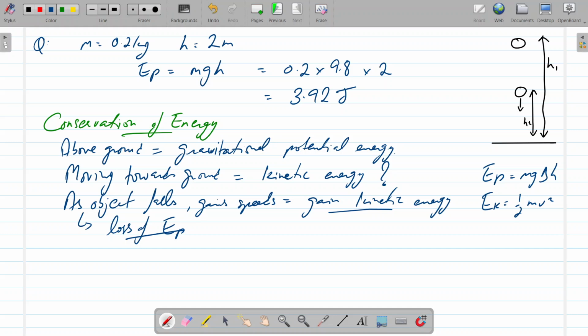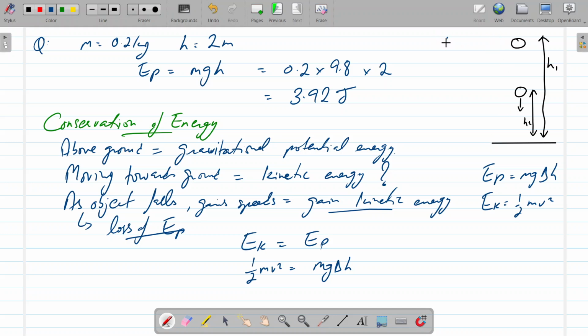And so in this case, the kinetic energy is coming from the potential: half mv squared equals mg delta h. So we're not doing any calculation at the moment, just to explain this.